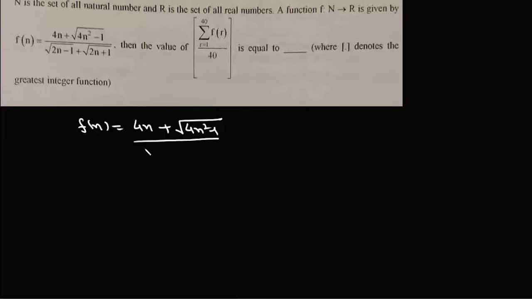Now here the question is, if N is the set of all natural numbers and R is the set of all real numbers, then a function f defined from N to R is given by f(n) equals (4n plus under root of 4n square minus 1) upon (under root of 2n minus 1 plus under root of 2n plus 1).